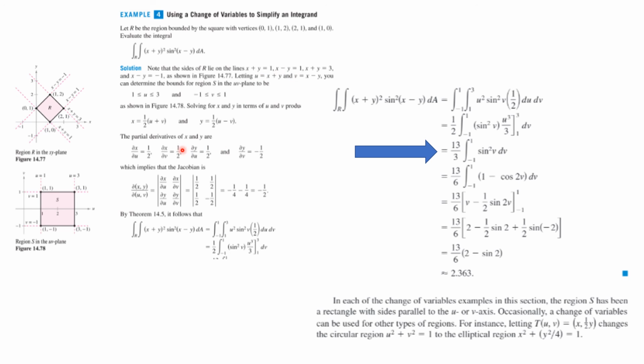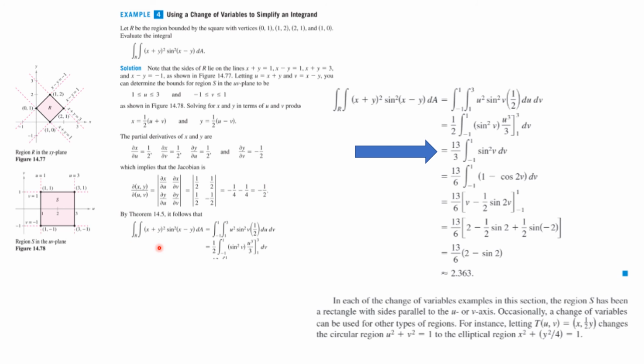We're going to solve those for x and y, and doing that here, we get x is 1/2 (u plus v), and y is 1/2 (u minus v). We then take the partials with respect to u and v for x and y, put them into the Jacobian matrix, do the calculation, and we get minus 1/2 again.